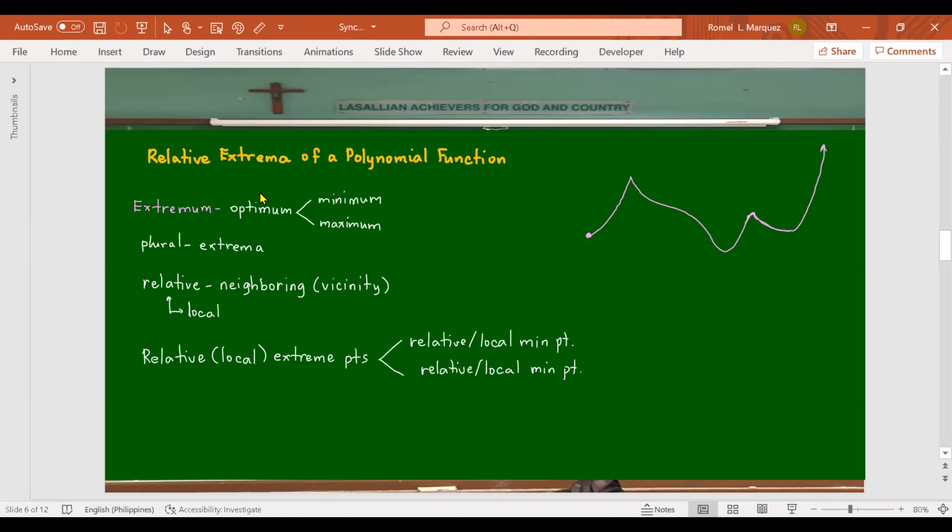When I say relative, there is left and there is right: left neighboring points and right neighboring points. What does it mean?